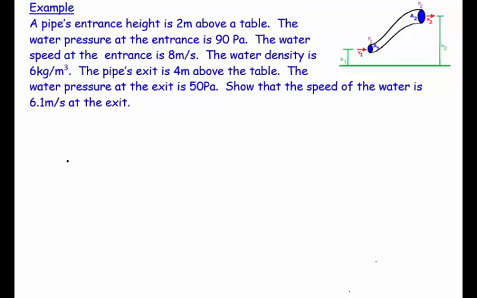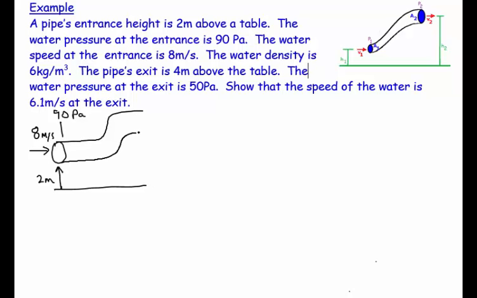Okay, so this is Bernoulli's equation. Let's do ourselves a nice diagram. At the entrance we have a velocity of 8 meters per second. I know my pressure is 90 Pascal, and I know my height is 2 meters. Let's draw this across and then just have this snaking up like that. I'm not given any information about the cross-sectional area of the pipe.